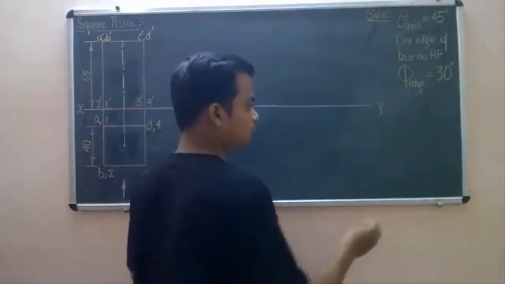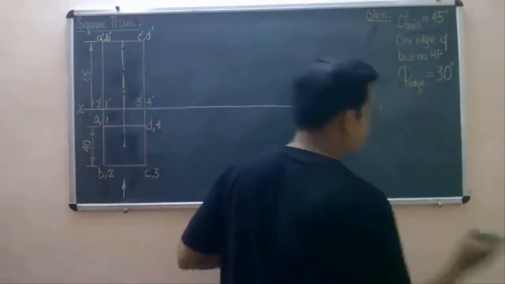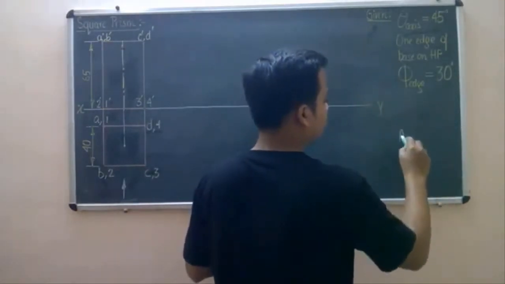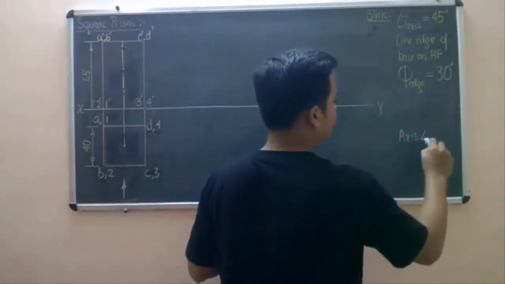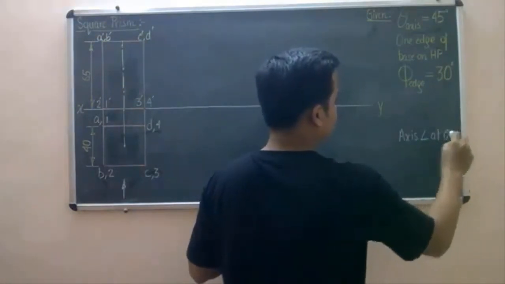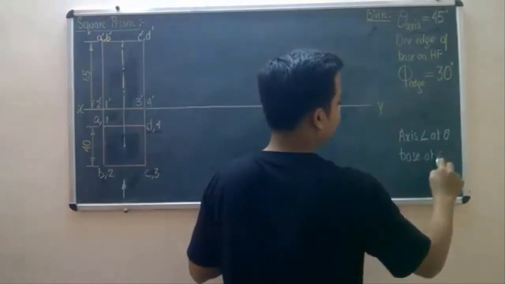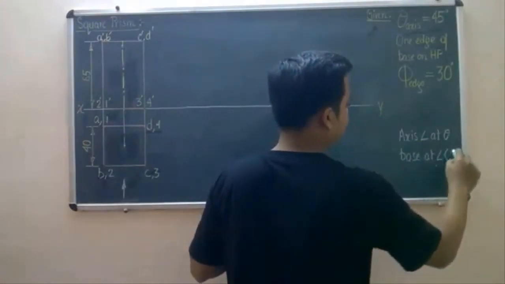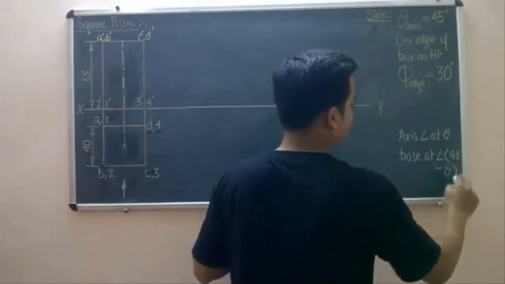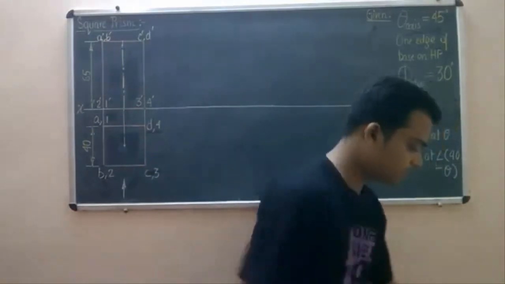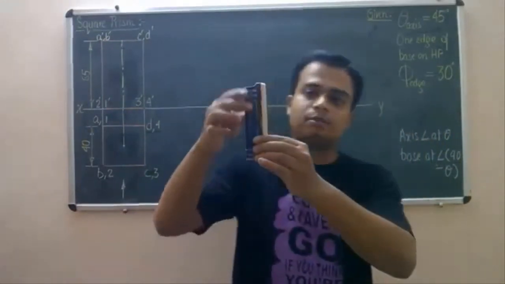And there is one more concept or one more logic. If the axis is inclined at theta, then the base is automatically inclined at 90 minus theta, right? The concept is like this. If you see this object, this is step number 1.